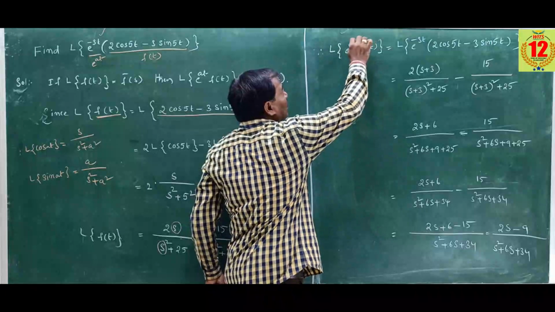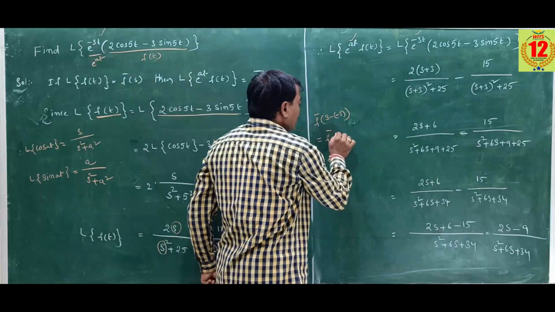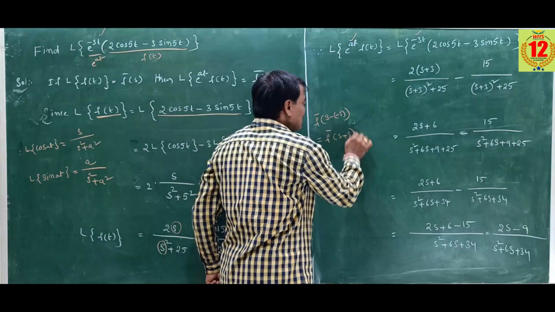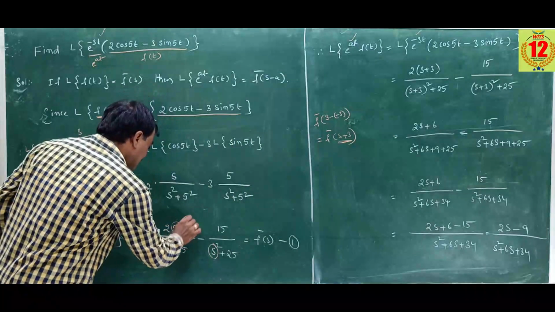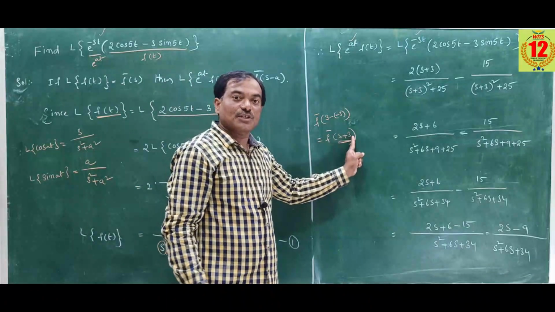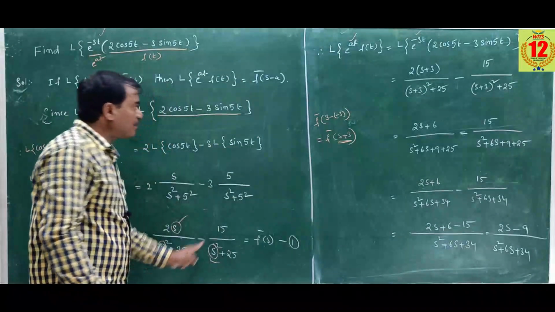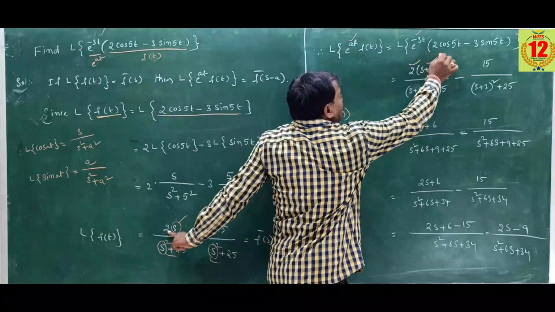Why? Because what is a here? a equals minus 3. So therefore f bar of s plus 3 means in equation 1 this s is replaced by s plus 3.